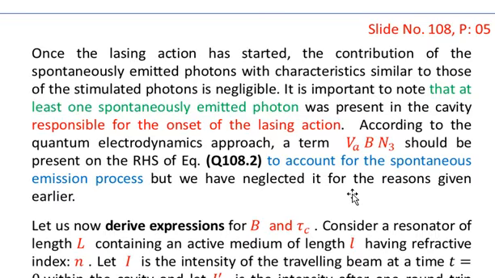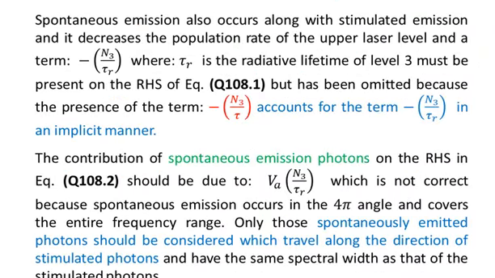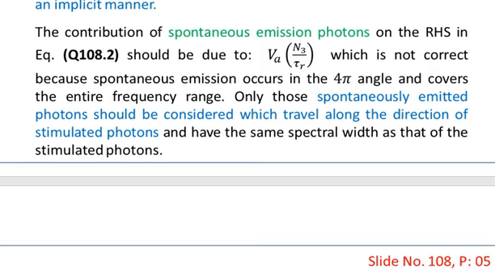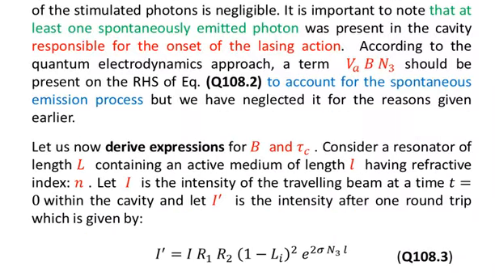But we have neglected it for the reasons given earlier. So the reason is the same as we have mentioned in this paragraph, that is why we have neglected that term. So that's why we cannot include the term Va times B times N3 to account for the spontaneous emission process.